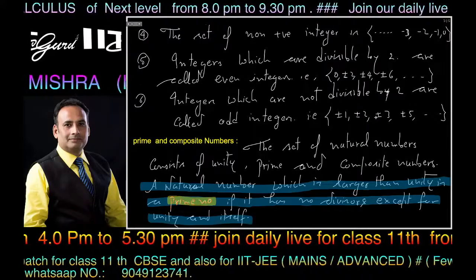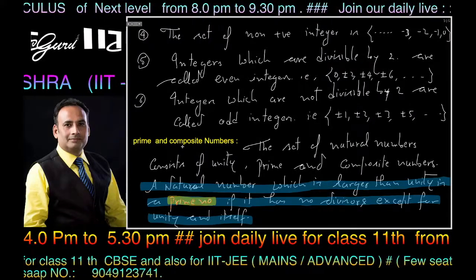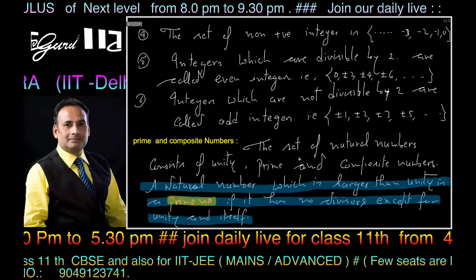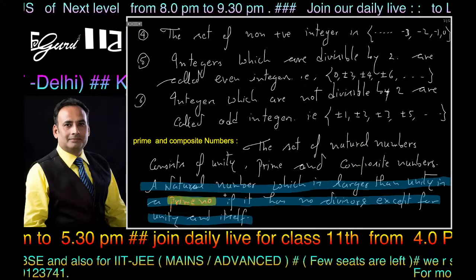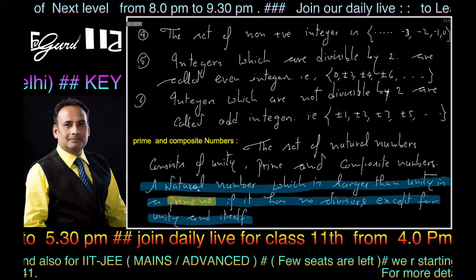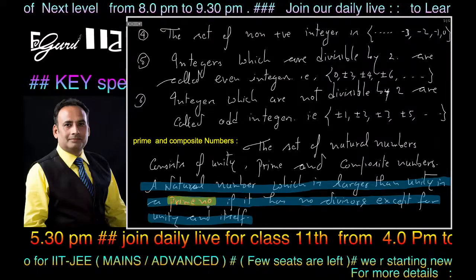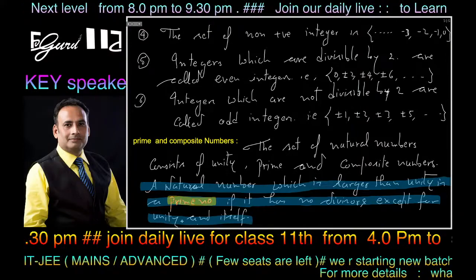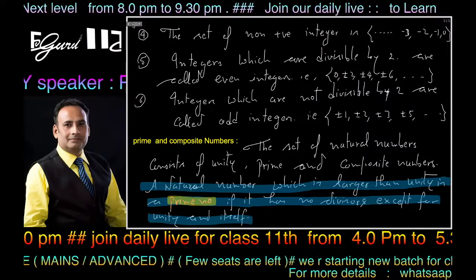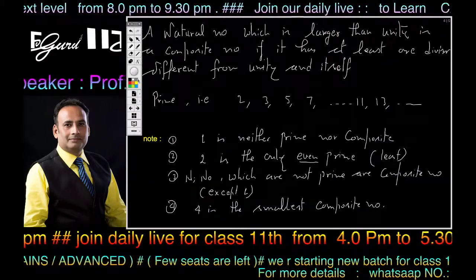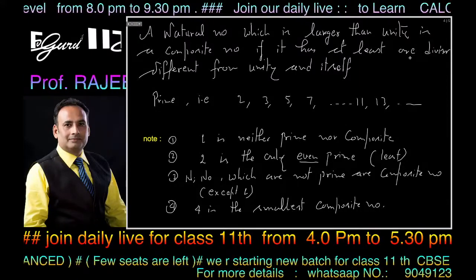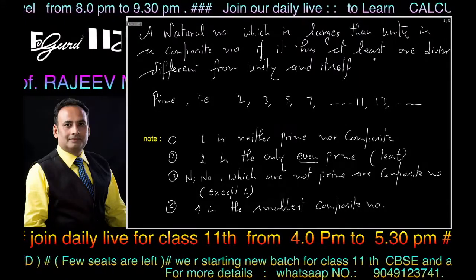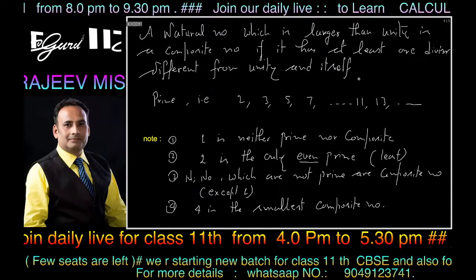After this we have studied prime and composite numbers. The set of natural numbers consists of unity, primes, and composite numbers. A natural number larger than unity is a prime number if it has no divisor except unity and itself. A natural number larger than unity is a composite number if it has at least one divisor different from unity and itself.